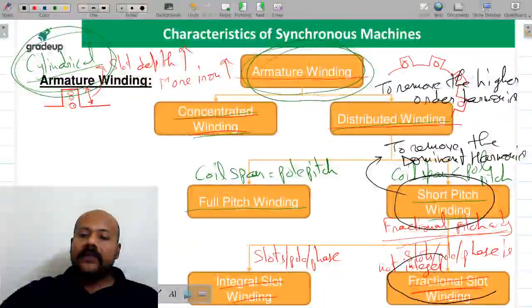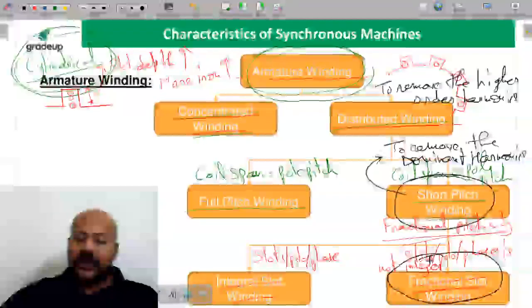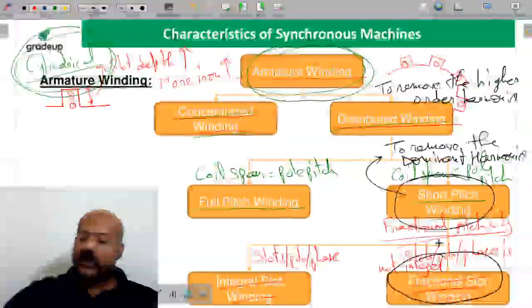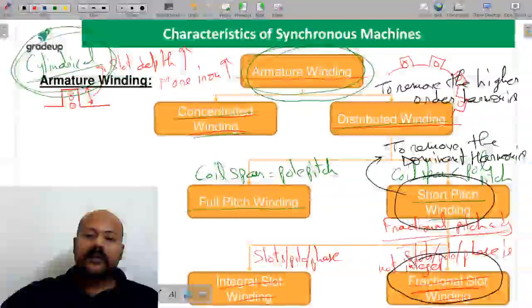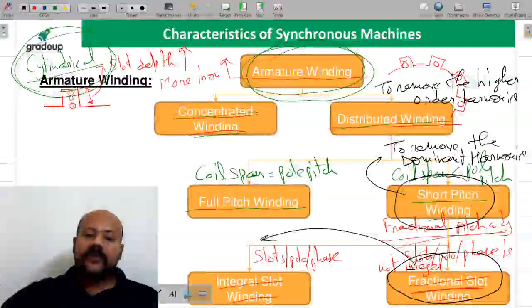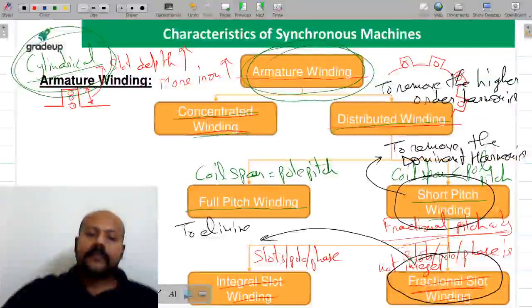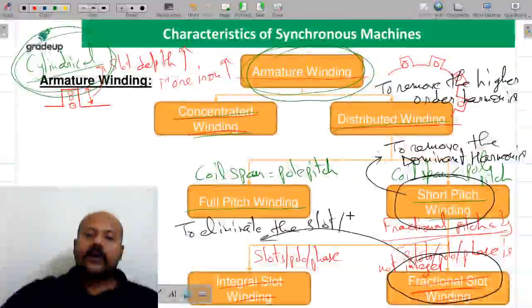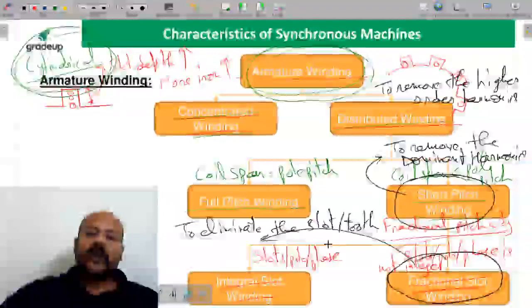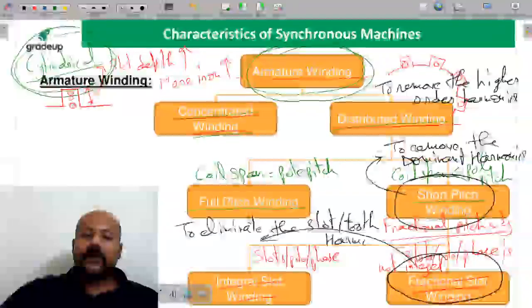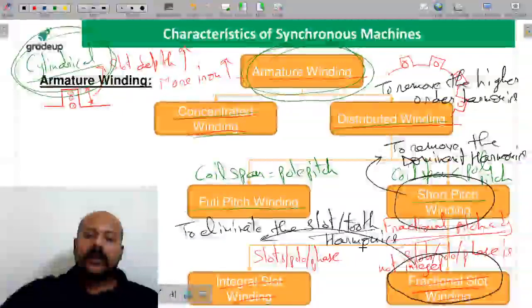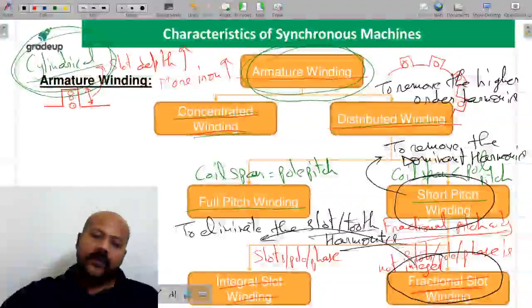And why are we using fractional slot winding? Fractional slot winding we are using to eliminate the slot or tooth harmonics. I hope it is clear to all of you.